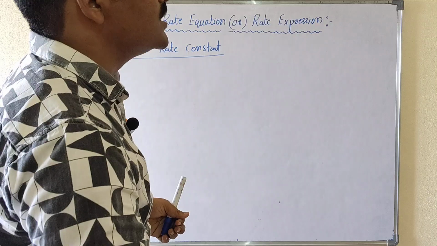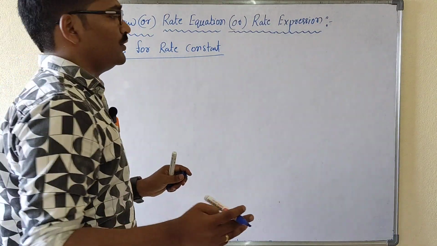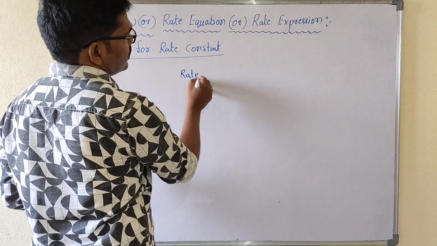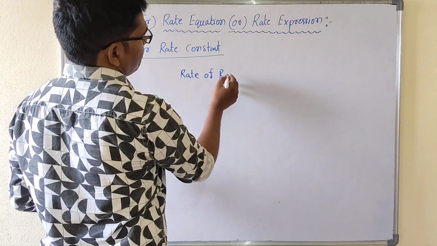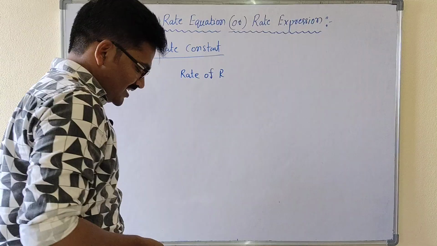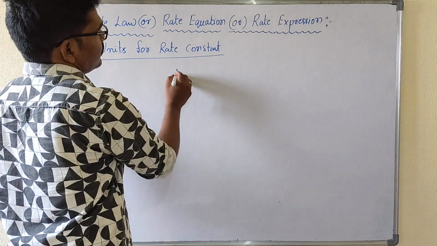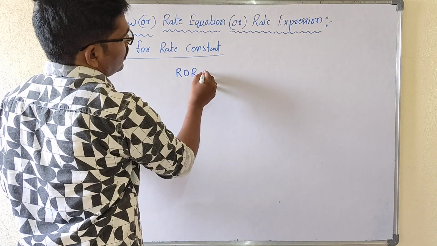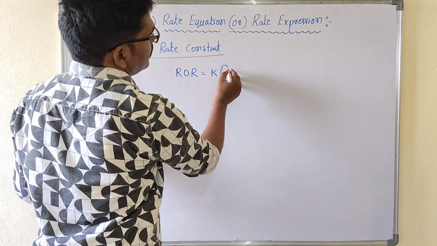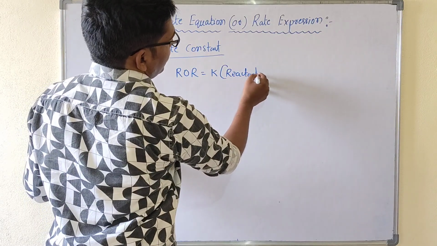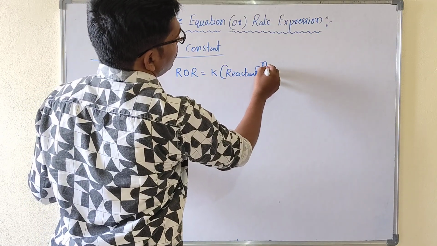See, look, my dear students, the rate law expression, in case you take, rate of reaction, simply ROR we can take, right? Yes, rate law expression ela chestam? Rate of reaction equals K into reactants concentration whole to the power n.